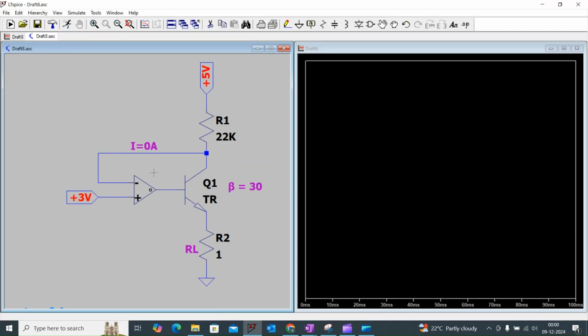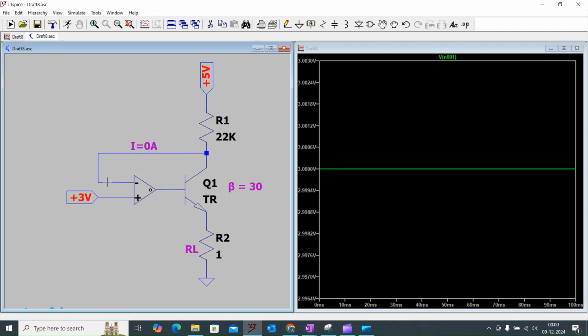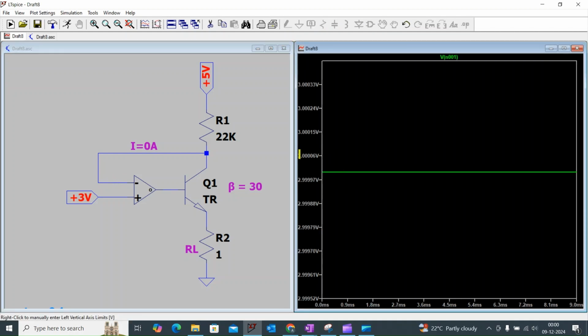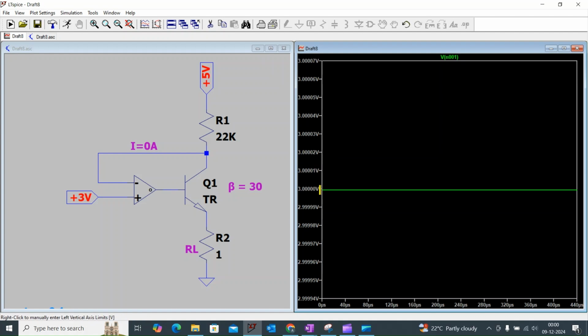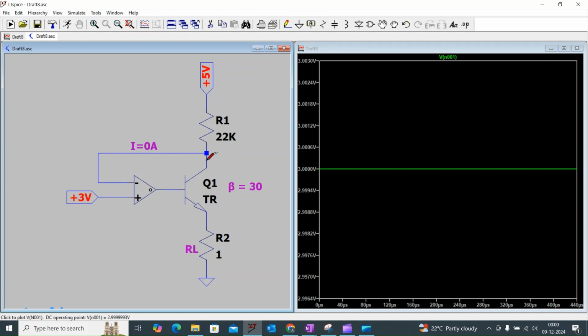As we discussed, the op amp is an ideal op amp, so we can apply the virtual short, and whatever voltage appears at the non-inverting terminal will appear at the inverting terminal also. So the voltage at the inverting terminal is also 3 volt, and similarly the voltage at the collector terminal of the transistor is also 3 volt.